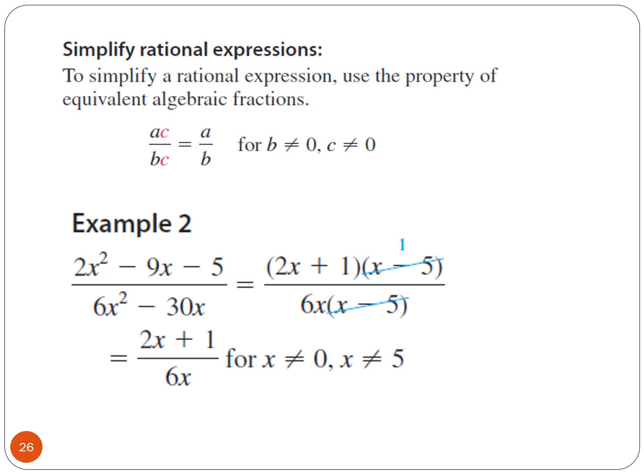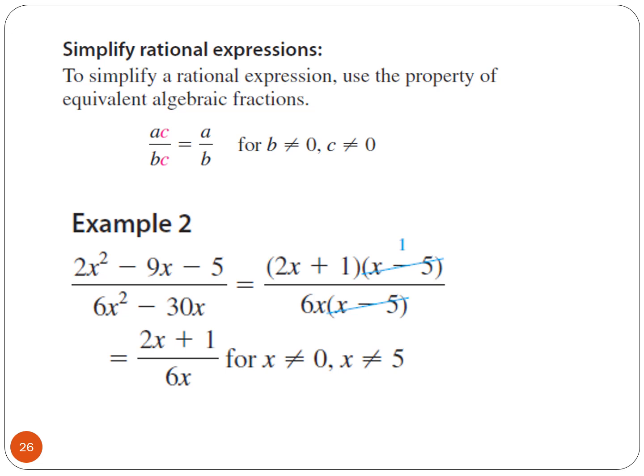And remember, these are rational expressions. b cannot equal 0, and also c cannot equal 0. These are restricted values. This works if the factors are numbers or if they are algebraic expressions. So you can always simplify an algebraic rational expression by canceling the common factors. Here is a more complicated example.